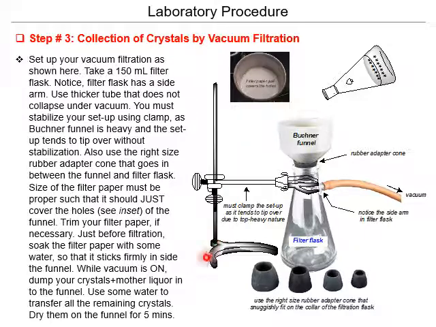While vacuum is on, you dump the crystals with the mother liquor, the solvent, and use some extra water. You can put some more water in here to make sure that all the crystals have come out. And then you just leave it here drying for 5 minutes. So the crystal is going to be here, and with the vacuum on, creating more pressure, the crystals are going to essentially be drying here, right?